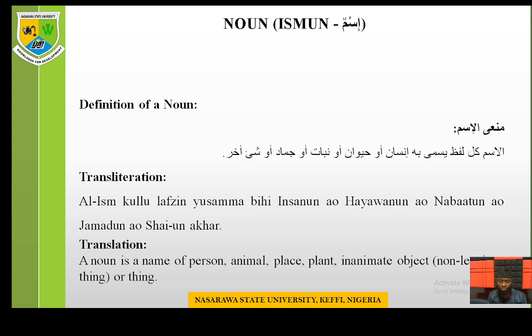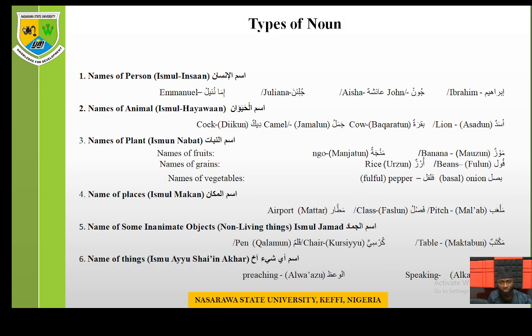Plant is our nabat, ismu nabat, and then inanimate object is our ismu jamad, which is non-living things. Ayu shay'in akhar is our things. When we say thing, it's something you cannot see or touch or even taste. This is what we call ismu ayu shay'in akhar.